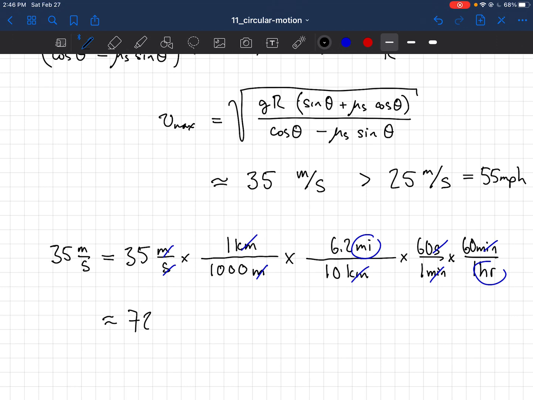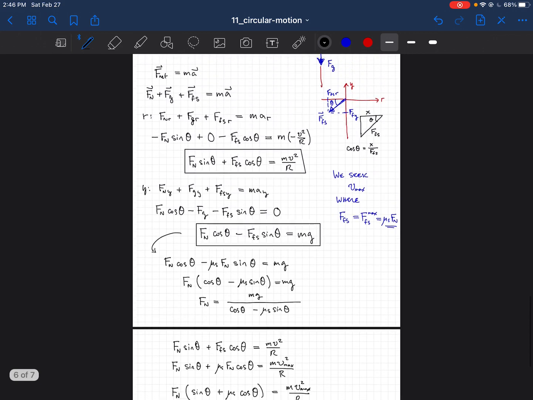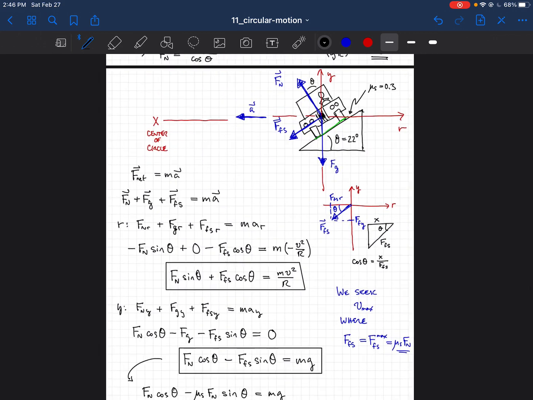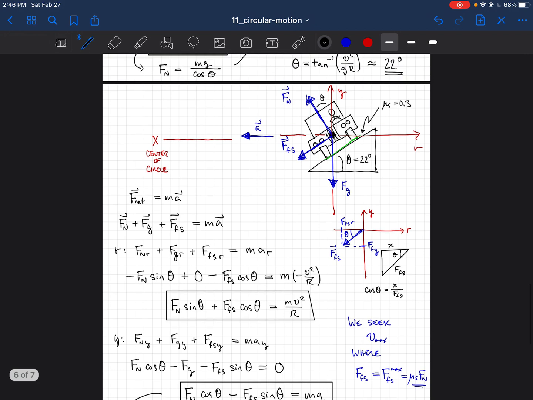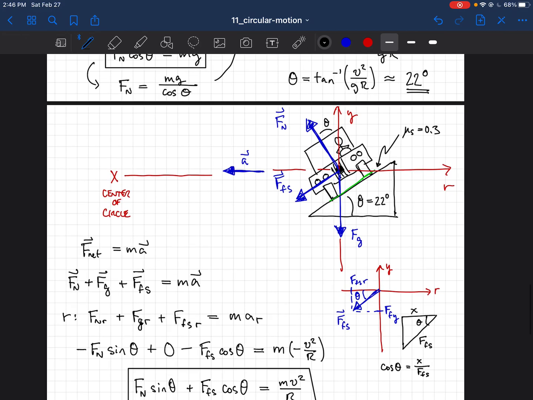We get 78 miles per hour. So that's how fast you can go before you slide off of the bank that we created with a 22-degree angle. And what's keeping you on beyond 55 miles per hour is the force of static friction.